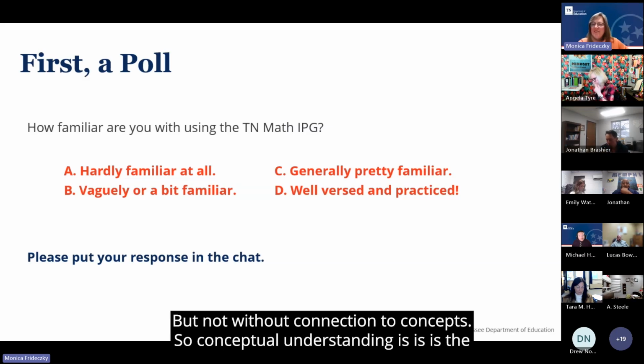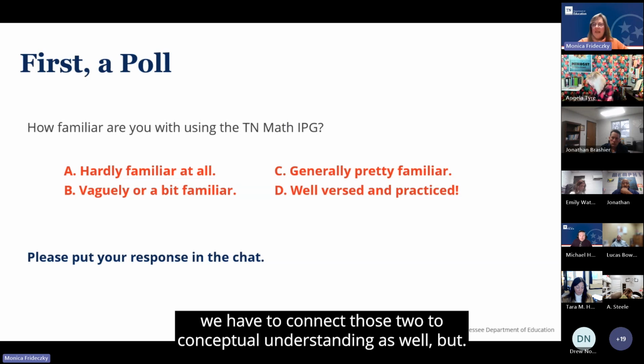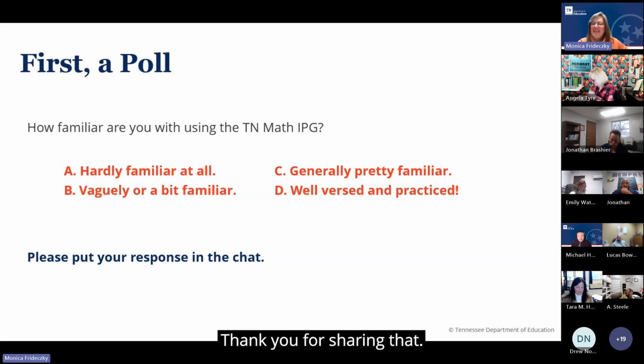So conceptual understanding is the foundation. If you're going to use any procedures, we have to connect those to conceptual understanding as well. But thank you for sharing that.